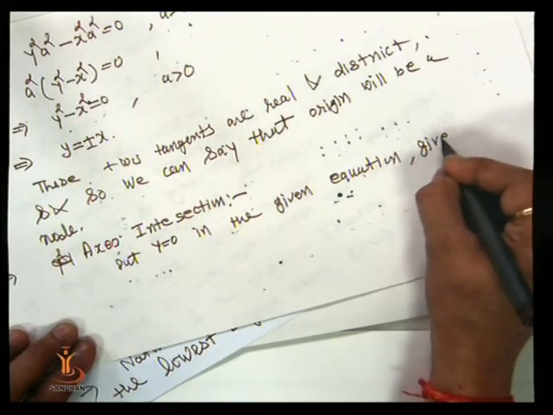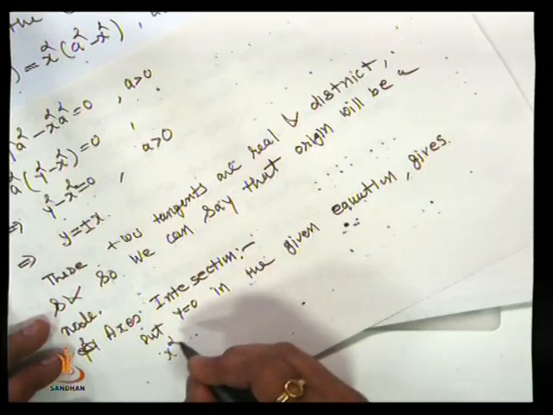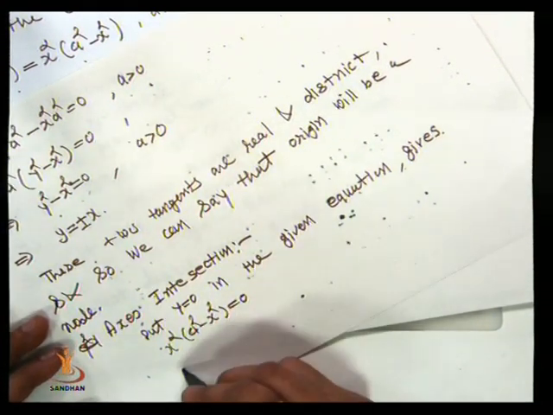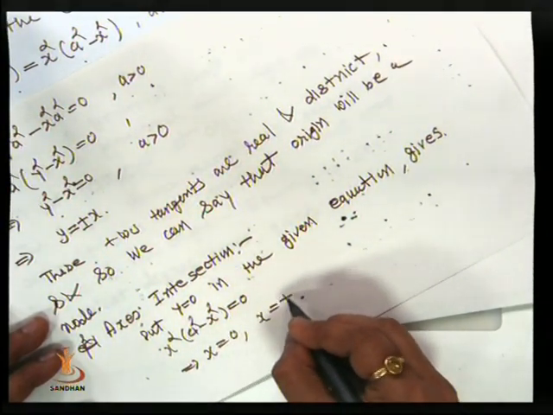If we put y equal to 0, this will give you x square into a square minus x square equal to 0. That is x is equal to 0 and x is equal to plus or minus a.